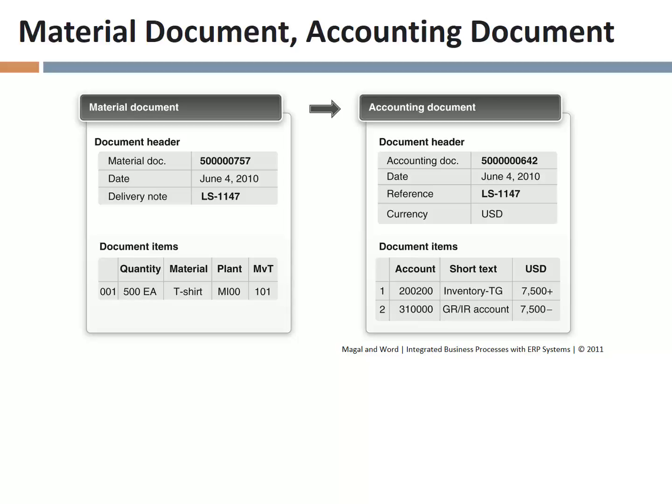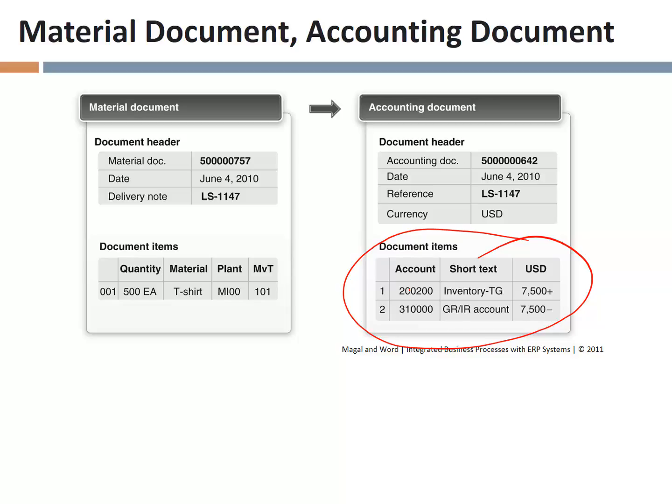So we separate the recording of quantities and the recording of money across those two particular documents. So all that we're going to see on the accounting document are dates and general ledger postings. And we'll cover that in more detail on the next slide and show you how those things are going to play out.